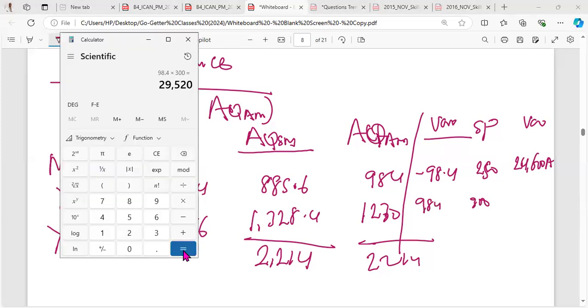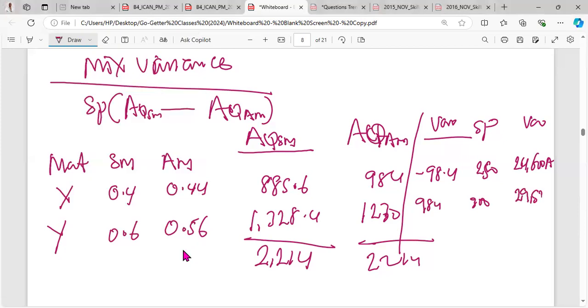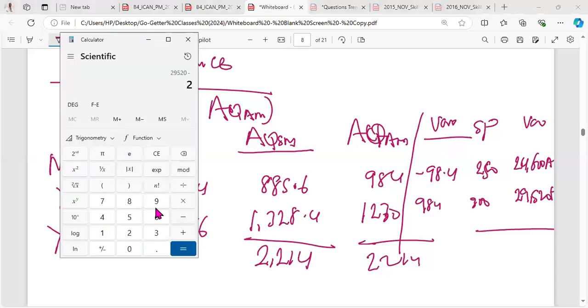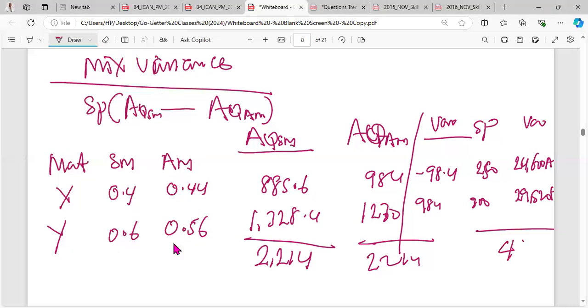That gives you 29,520 favorable. Now 29,520 favorable minus 24,600 gives you 4,920 favorable. So that's what we have gotten.